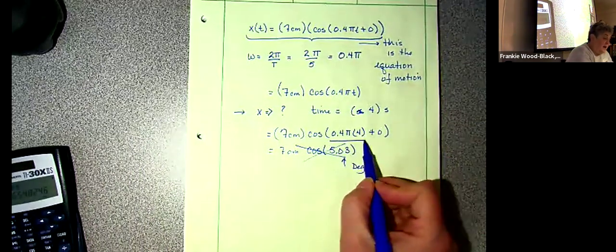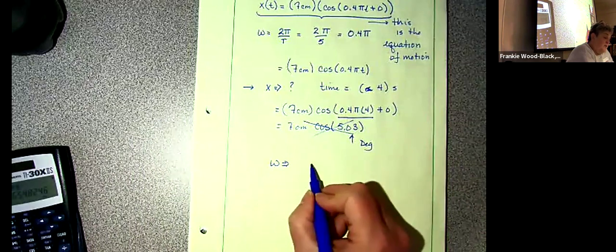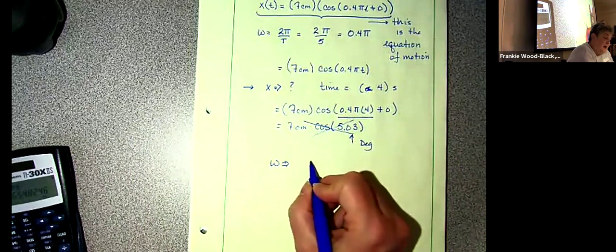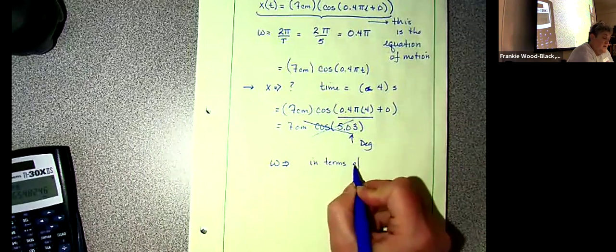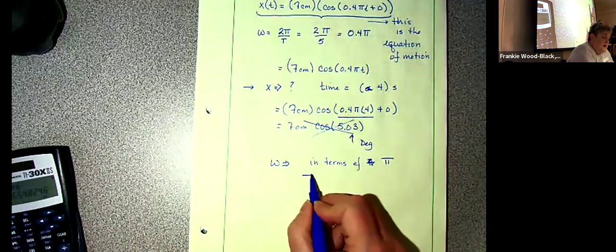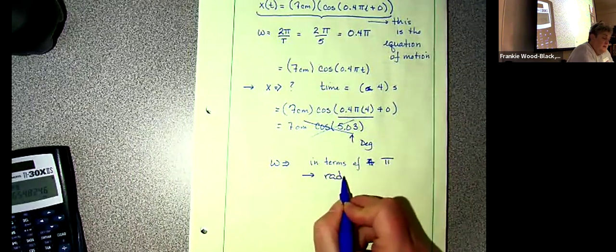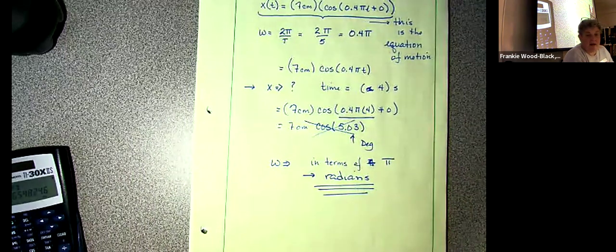When we are working with omega, and we're working with our units in terms of pi, we need to be in radians. We're going to be working in radians.